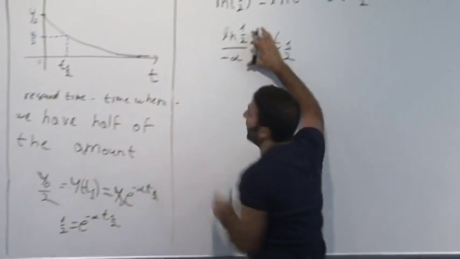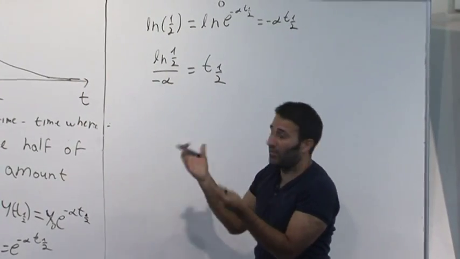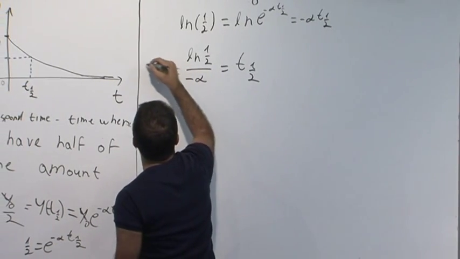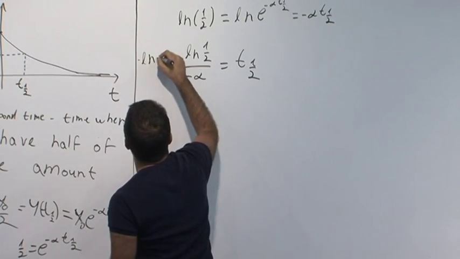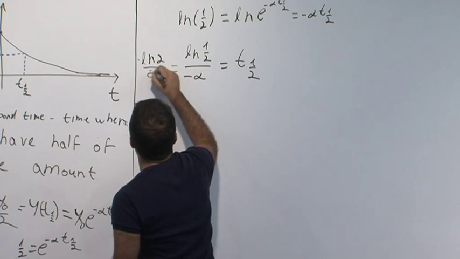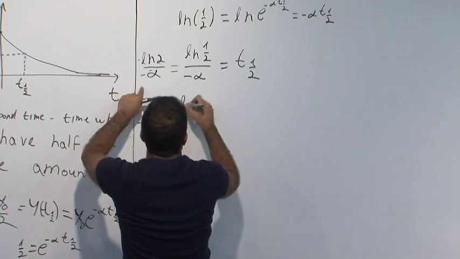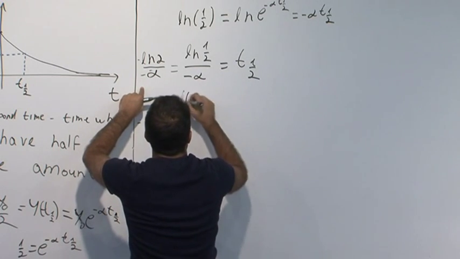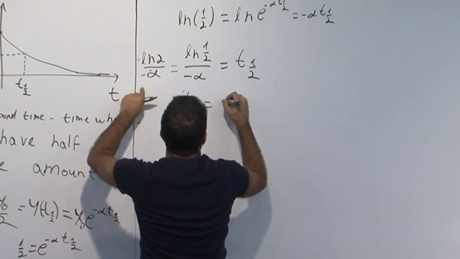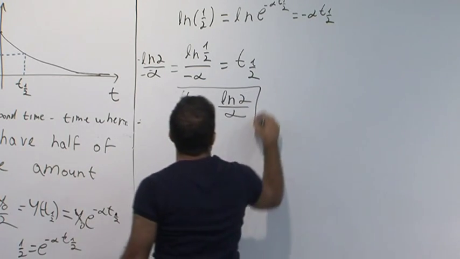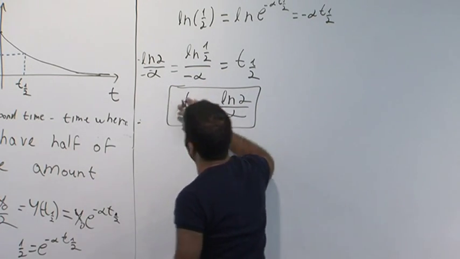This is already good, but we can write it in a more elegant way. This equals minus ln 2 over minus alpha, and the two minuses cancel each other, so we have t1/2 equals ln 2 over alpha. And this, I think you saw in the lectures, right?